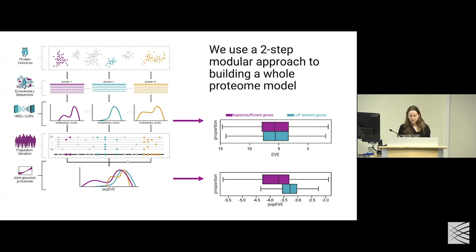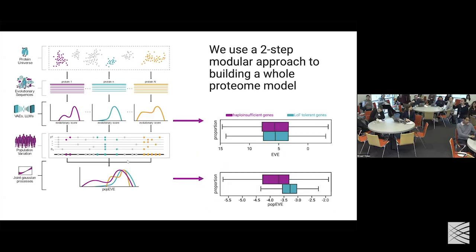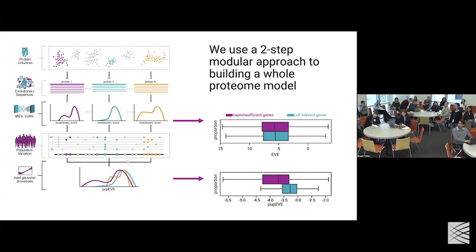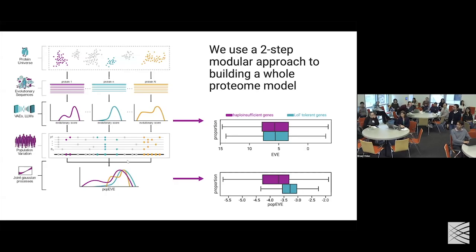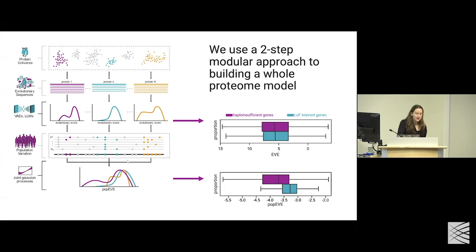Which one, Eve or PopEve? The Eve model, yeah. Why can't it distinguish between the red and the green ones? Presumably haploinsufficient genes would have maybe more sequence conservation than LOF tolerant genes, across species? I think it would, but the hypothesis here is that you're losing some of those characteristics based on what we've seen in humans.